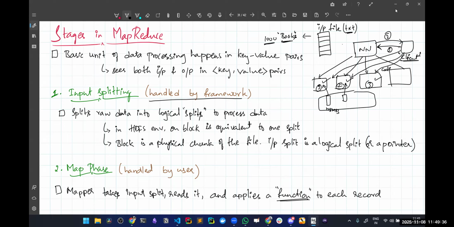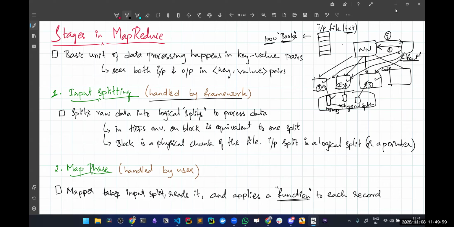When the client sends the code directly to these nodes, this particular 128 MB block will be read. This is a physical split of the file.